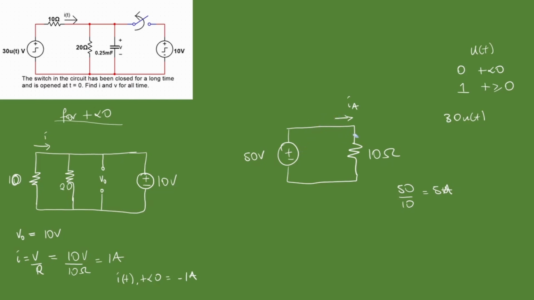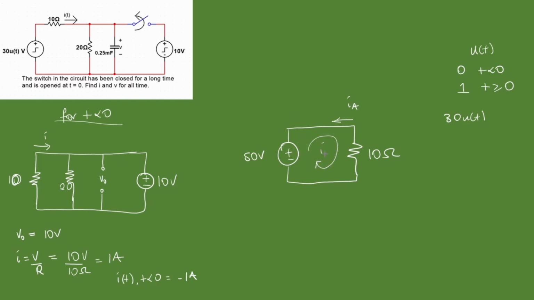If, however, we were given IA to be flowing in this direction, that means IA is leaving the 10 ohm resistor and entering the 50 volt source. You're not going to panic. You're going to solve what you know as Ohm's law. You're going to solve locally, saying, I naturally will have current flowing this way.